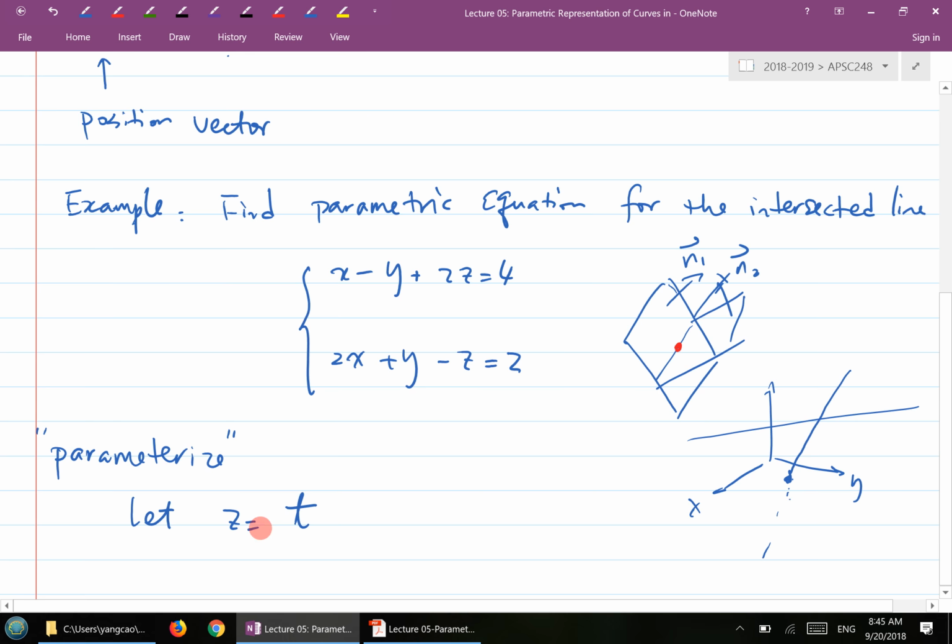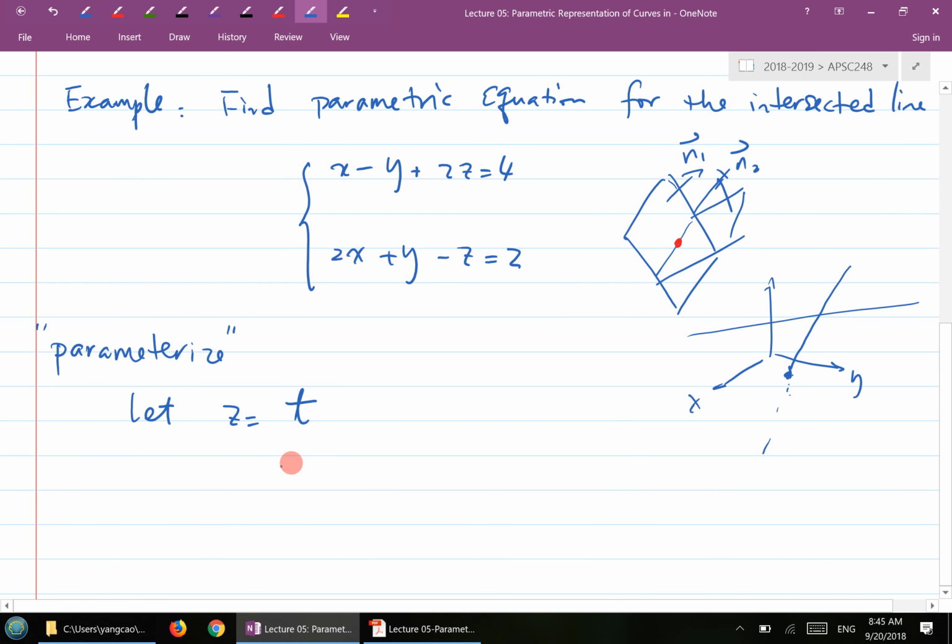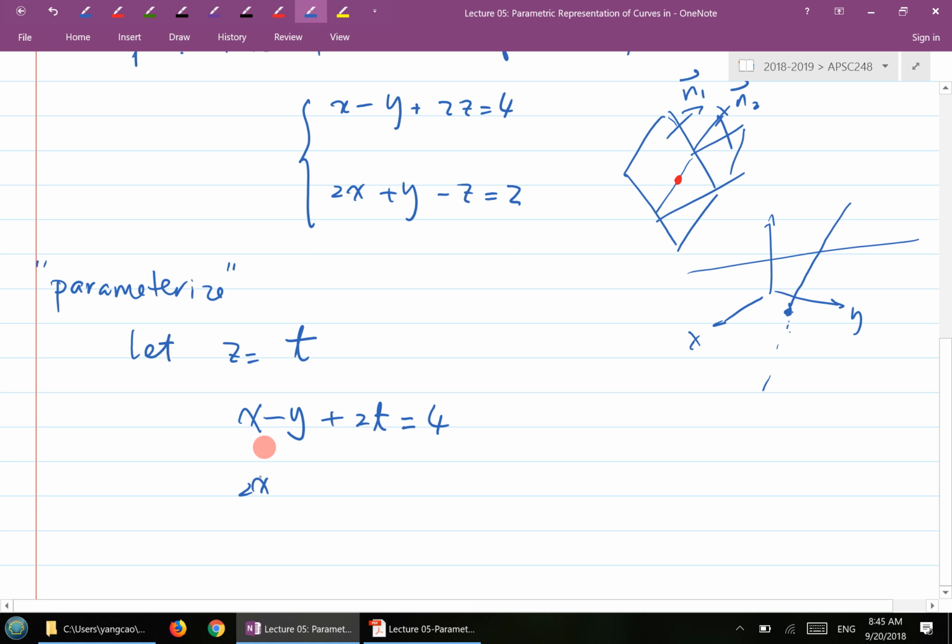If I do this, then these two equations become x minus 1 plus 2t equal to 4, and 2x plus y minus t equal to 2. I'm going to move the 2t and the t to the right side.